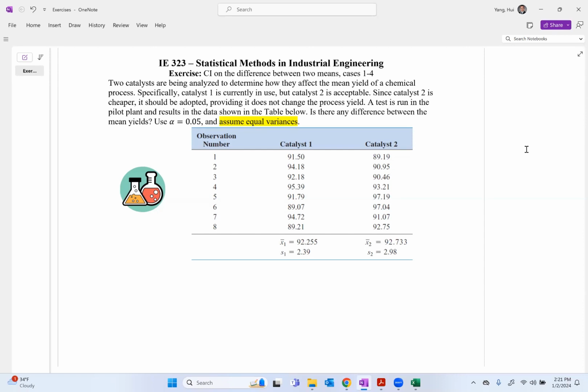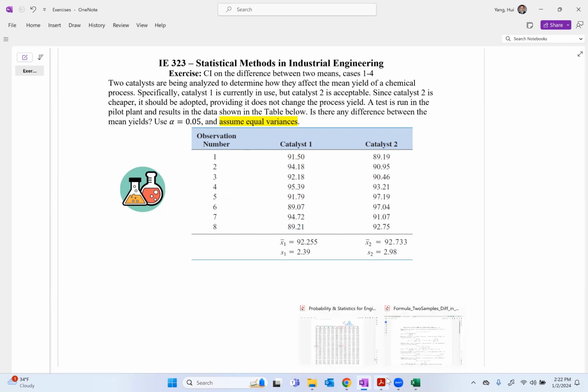Since catalyst 2 is cheaper, it should be adopted providing it does not change the process yield. Now a test is run in the pilot plant and results in the data shown in the table below. Is there any difference between the mean yields? Use alpha equals 0.05 and assume equal variances.